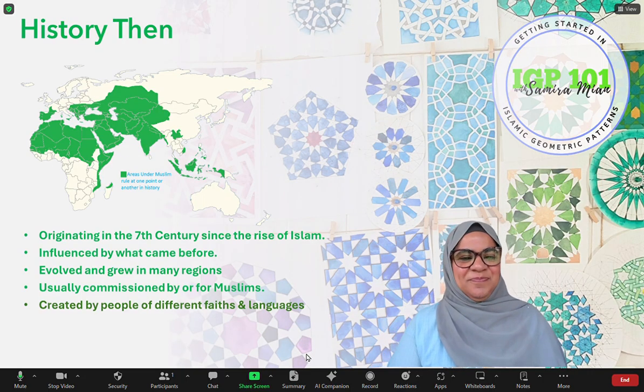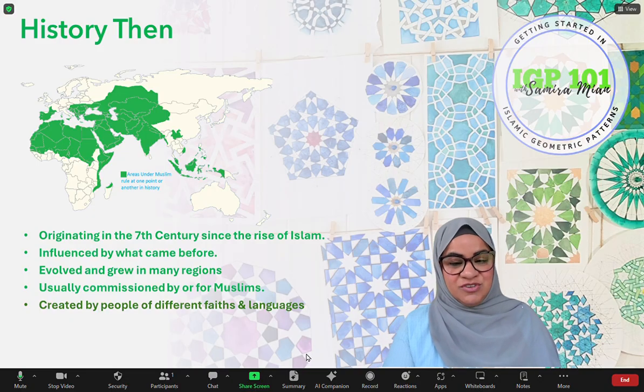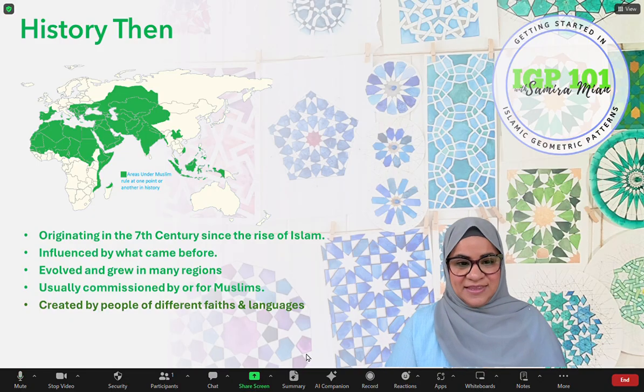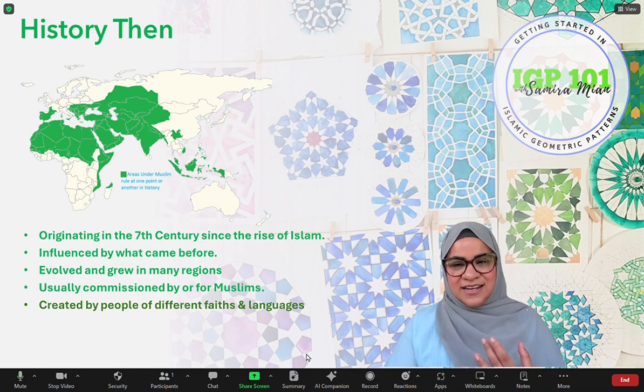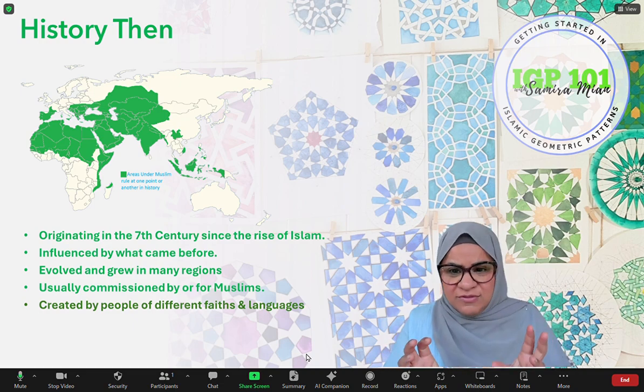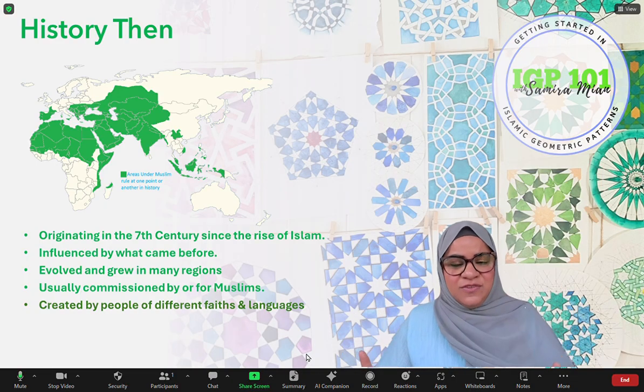You can say that these patterns originated in the 7th century, since the rise of Islam. They were influenced by what came before. So imagine that time, the 7th century: Christian Byzantine art, Persian art, Greek, Roman, and all the local influences, by the way, the ones that I might not even know.